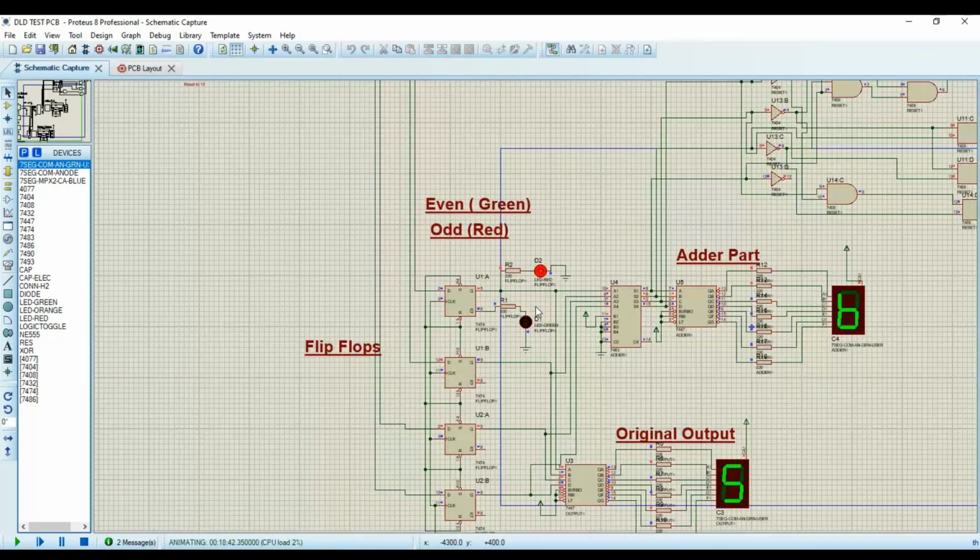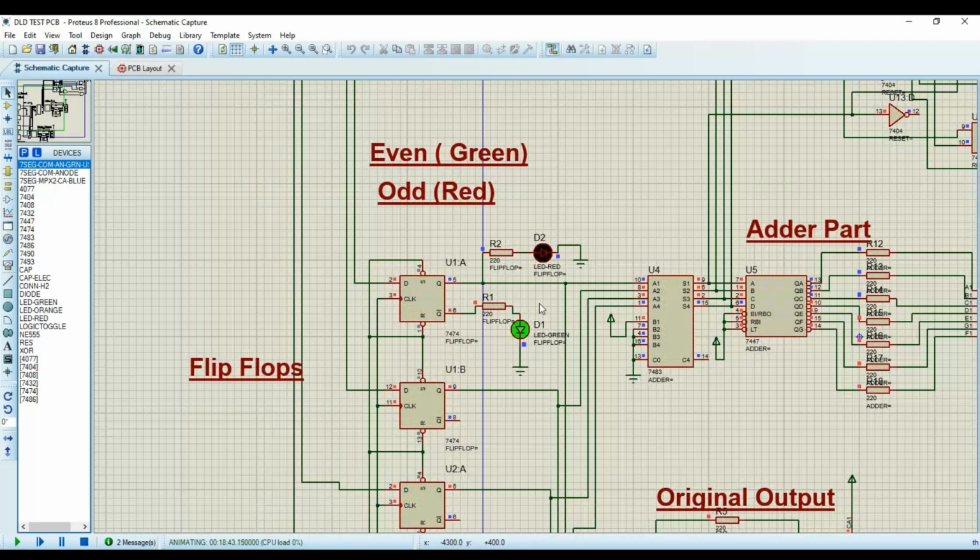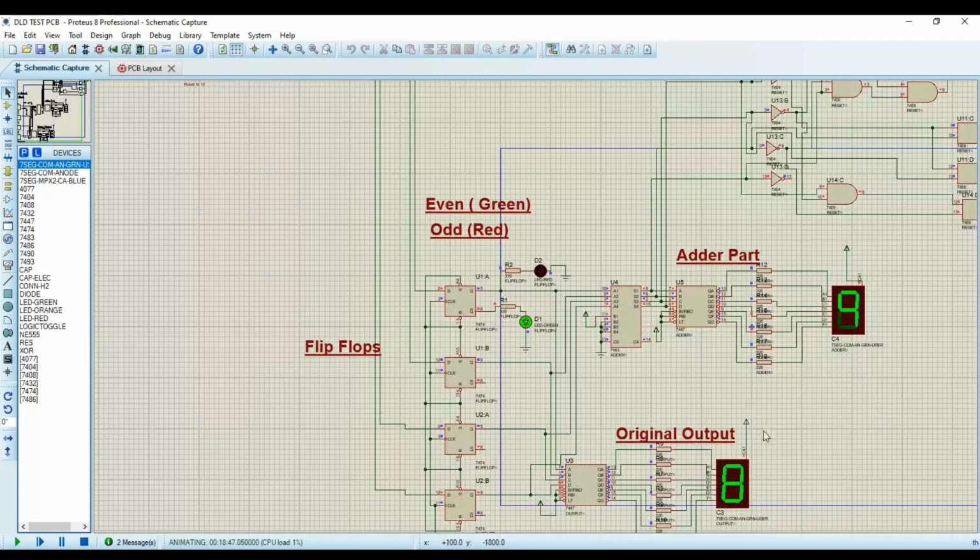Two LEDs are blinking here. Let us discuss this. These LEDs just indicate whether the number at the original output is even or odd. This can be achieved by making a logic at the last bit of any number.